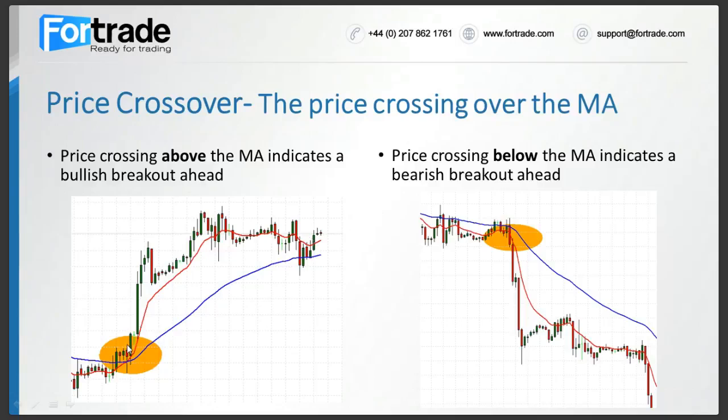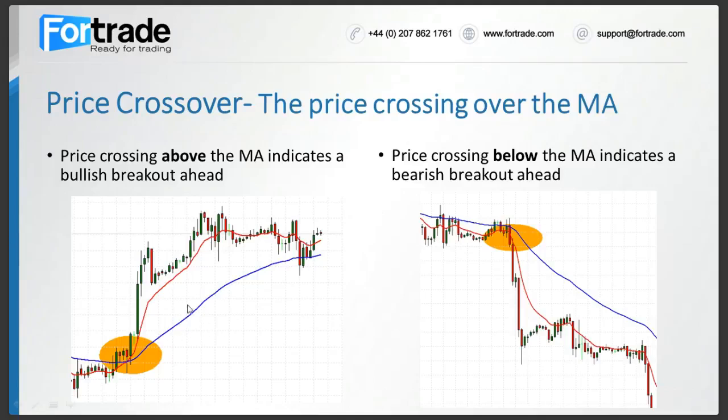So the price here is crossing over the moving average. And this can be a powerful sign of trend reversal, while the price crossing above, as we can see here, the moving average indicates a bullish breakout ahead. Often, traders will use a long-term moving average to measure these crossovers, since the price frequently interacts with short-term moving averages, which creates too much noise for practical use.